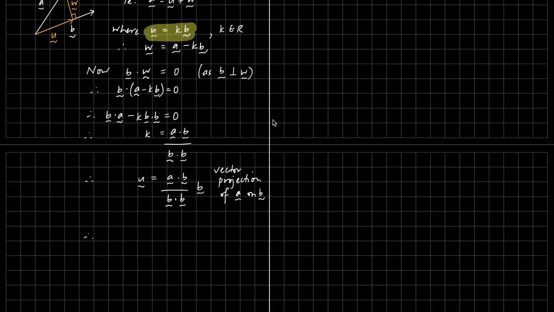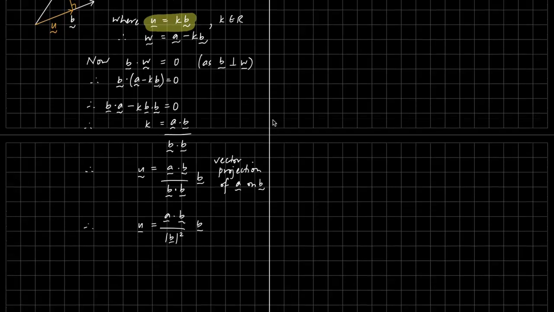So remember that the dot product of any vector with itself, so where I've got b dot b, can be written as the magnitude of b squared, which is magnitude of b times magnitude of b.